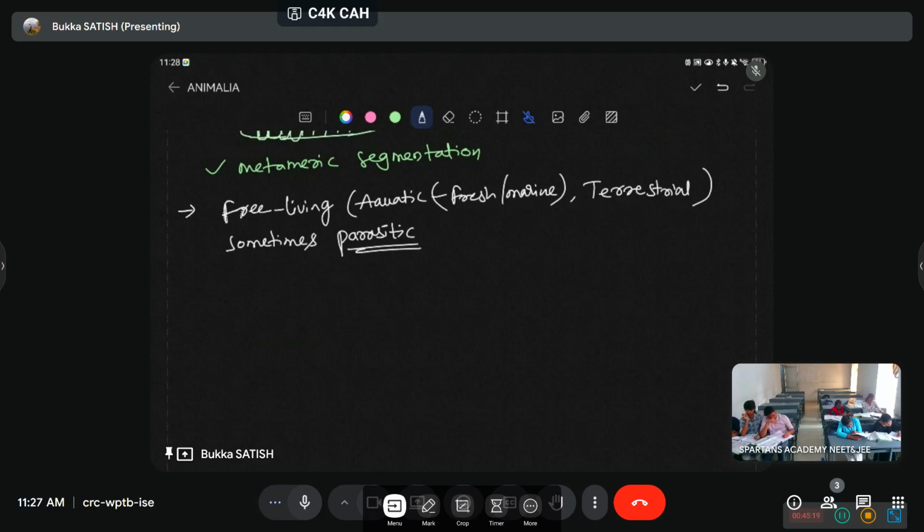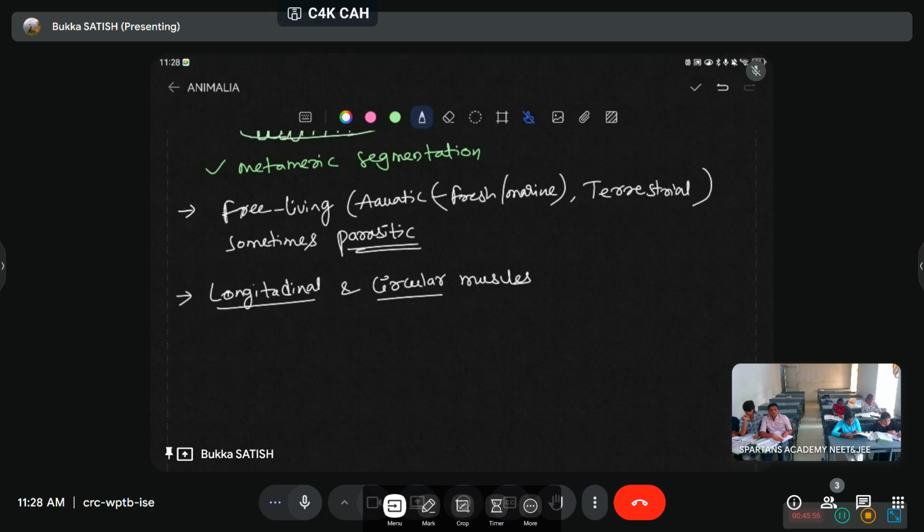Right. Next, there is something new that evolved in this, that is, the body is having both longitudinal as well as circular muscles. Of course, all these muscles will help in locomotion only.